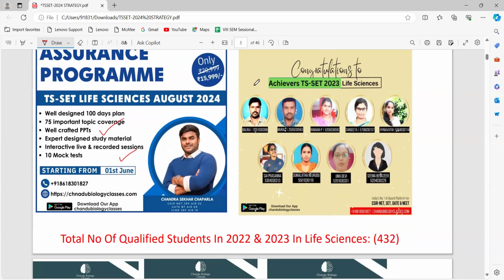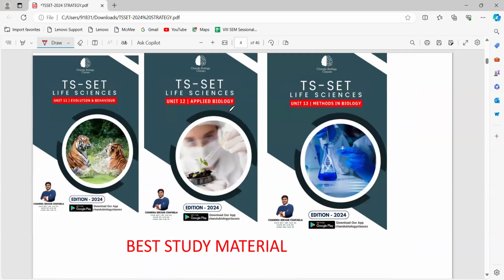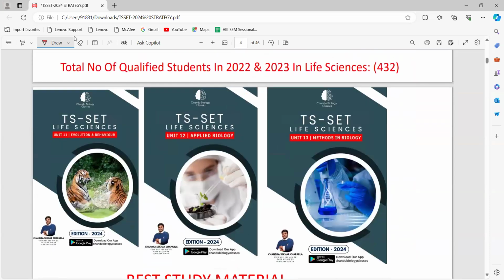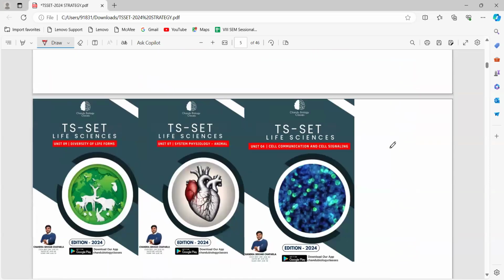Most of the people do not have proper notes. So we have launched a new set of books in April 2024 itself, exclusively for the TS SET Life Sciences.